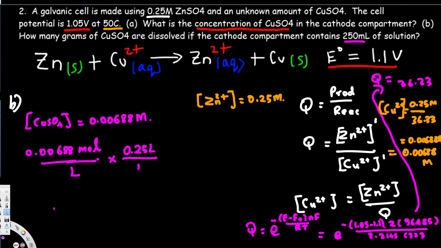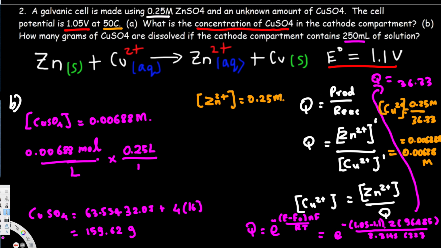Now let's figure out the molar mass of CuSO4. Cu is going to be 63.55 and S is 32.07, and we have 4 oxygen, so 4 times 16, and if you calculate the total, that's going to give you 159.62 molar mass.